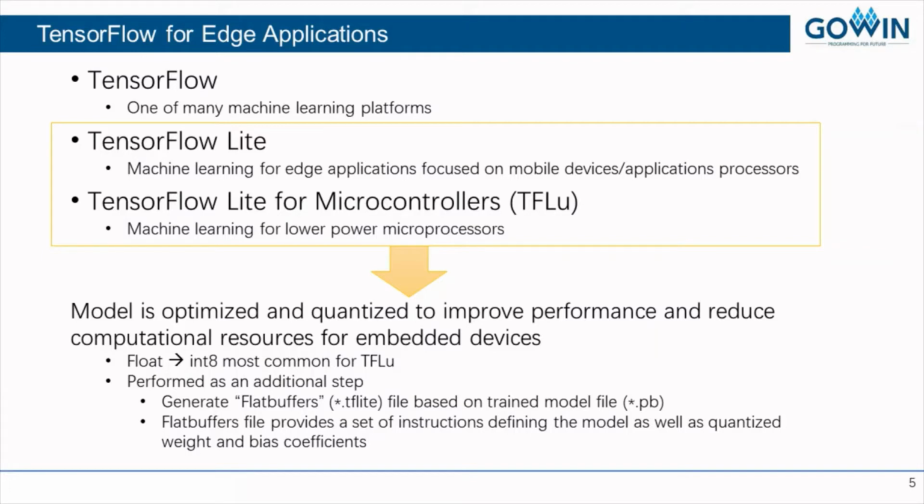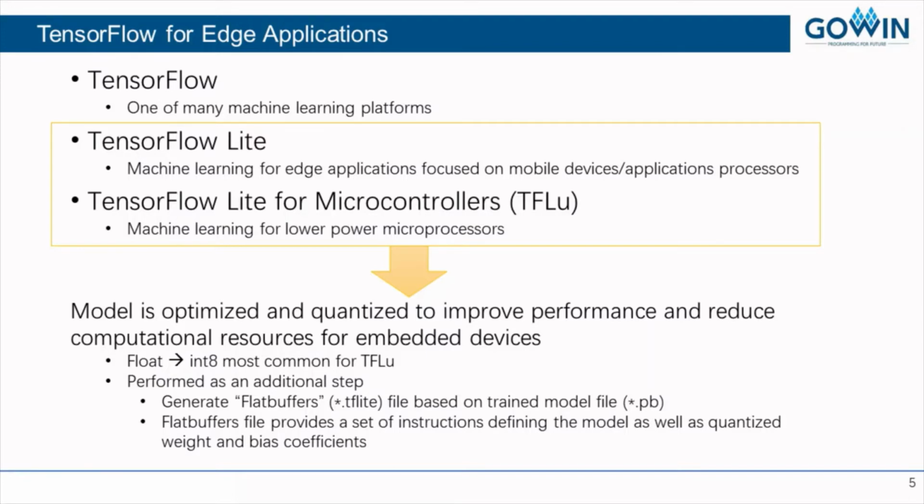Basically, models that originally used floating point in TensorFlow are reduced down to 16, 32, or 8-bit integers. And there's really not a whole lot of reduction in performance of the model. There is a little bit, but research has shown that it's fairly minimal.